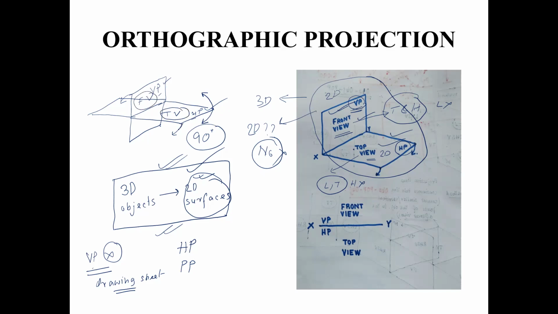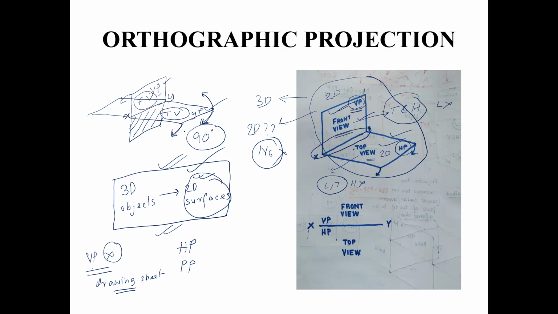So what I will do is rotate the horizontal plane in the downward direction. After that rotation is complete, this will be the new position of the horizontal plane. So what we will have is the line of intersection, this line xy, which is called the reference line.